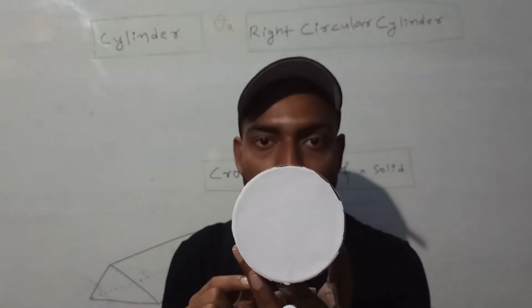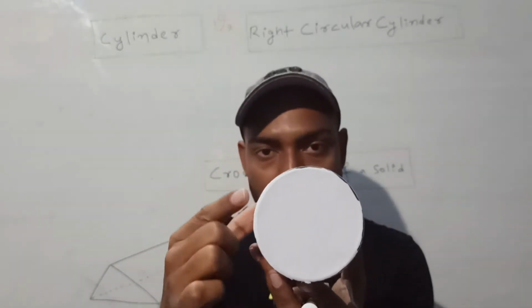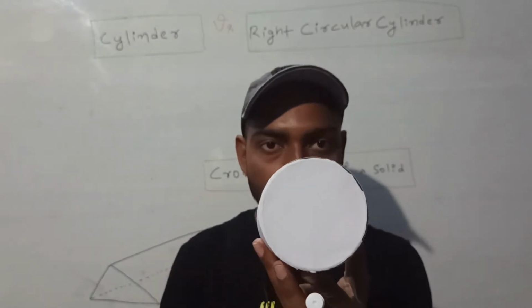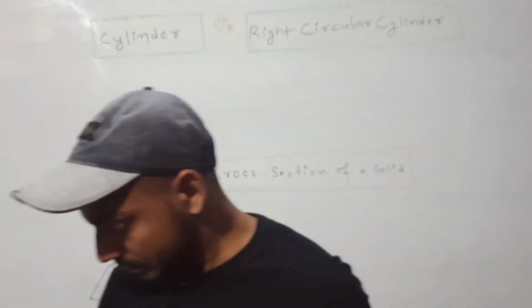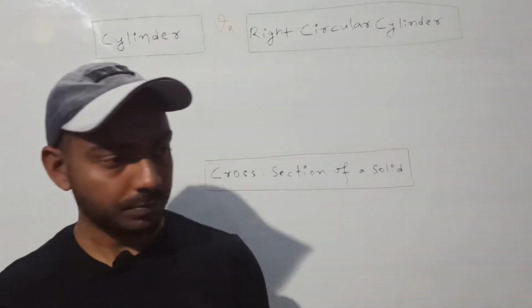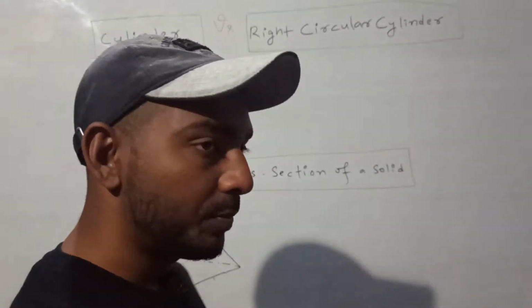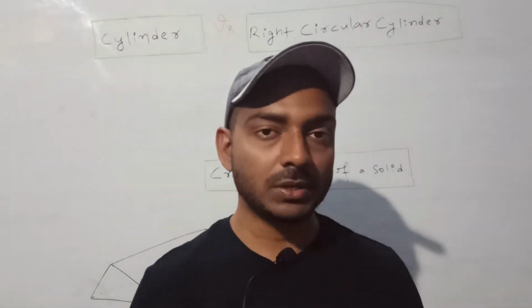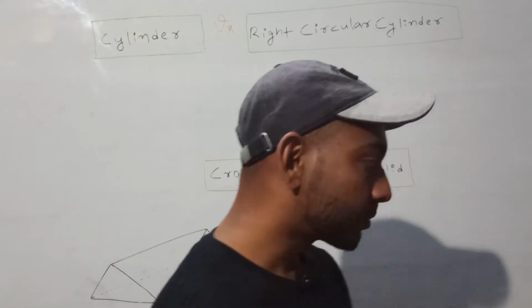So we will say that the cross section of this solid is a circle. Now I hope you all have understood what a cross section of a solid is.